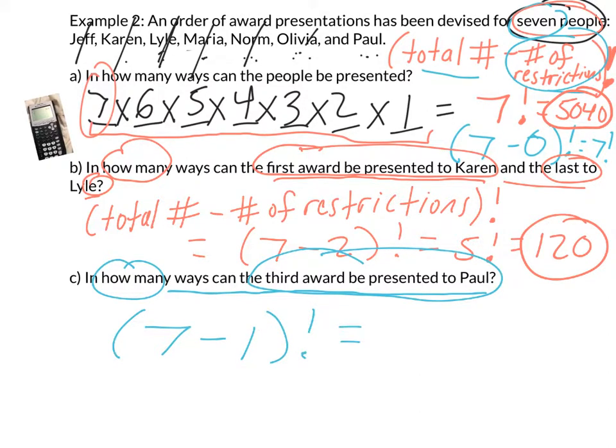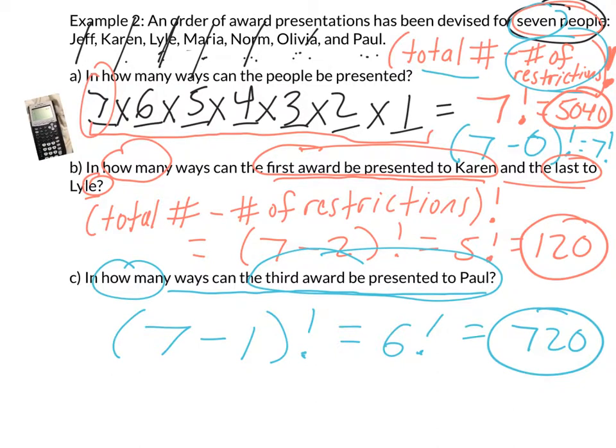Factorial. So I do the 7 minus 1 first, which is 6 factorial. Now you'll want to punch that into the graphing calculator. So 6, math button, PRB, option 4. And if you've done it correctly, you should be getting 720 as the final answer for C.